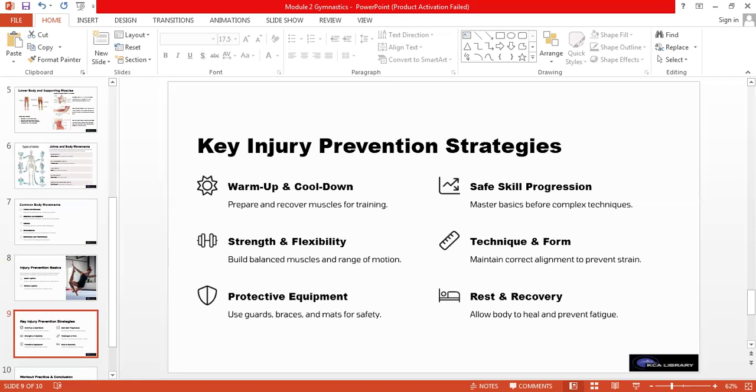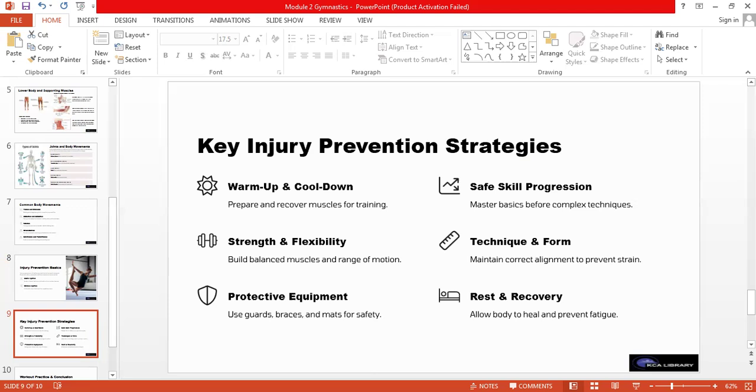We also have the strategy of building balanced muscle and range of motion. In order to prevent injuries, there is a need to build balanced muscle and range of motion, and this is a form of building strength and flexibility. Also, to prevent injury, there is a need to use guards, braces, and mats for safety.